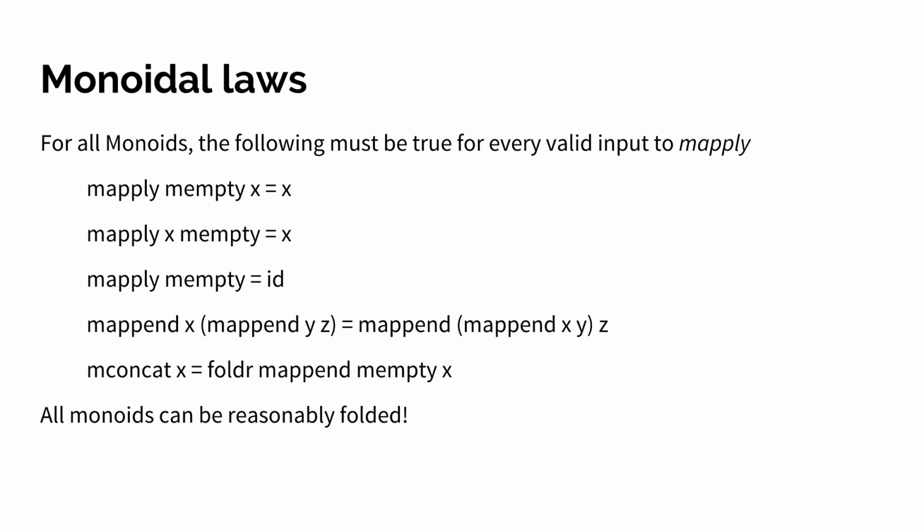Looking back to the folding operation that we described in the other video, mconcat is essentially a fold building a monoid instance using the mempty value as the accumulator, meaning mconcat is a summarization of how to fold with a given monoid. The final important concept is that all valid monoids can be intelligently folded and result in a meaningful value.